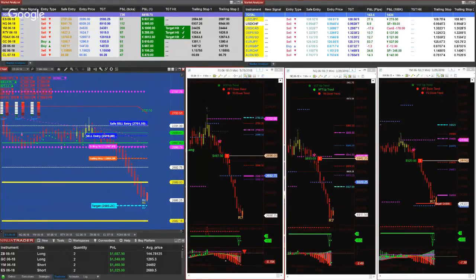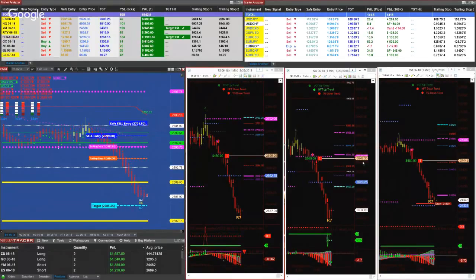On the Nasdaq, we have the entry on the black chart at 942, and look, it's not that far. On the Nasdaq from the market analyzer, you can see it was 39.25. Manually, I took it at 42. And then on the YM, we have a sell entry at 536, and I took it at 442. That's a little bit different, but there is not much difference between manual and automated trading.